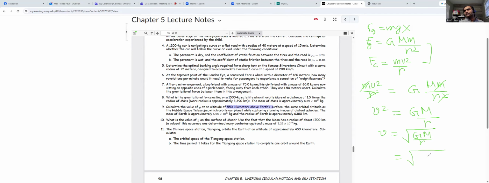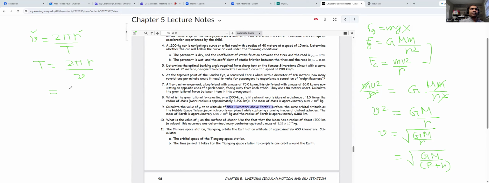In this case, r here is the radius plus the altitude. So remember that. Now we have to plug all these values in to calculate v. And then the time period we calculate from v equal to 2 pi r over T. Once you know v, and we already know r, then plugging in the values we can easily calculate T. So T is equal to 2 pi r over v.